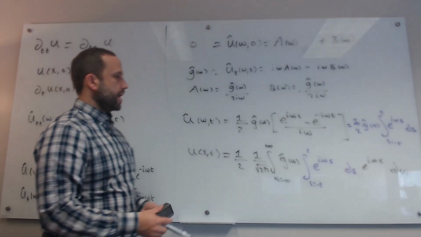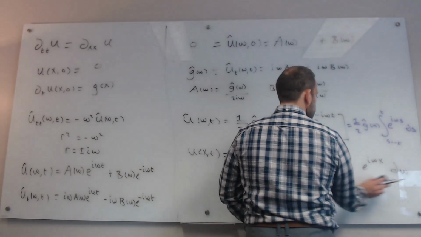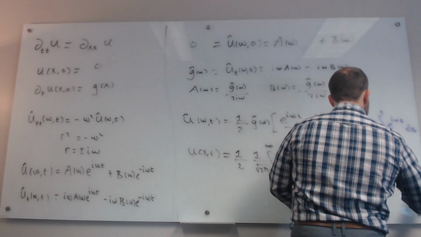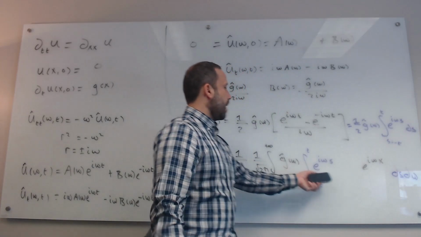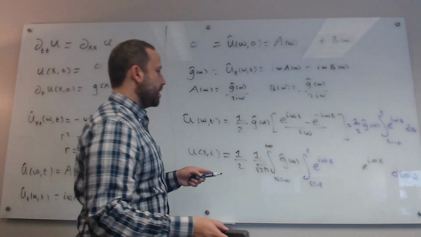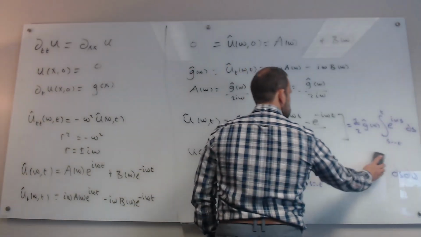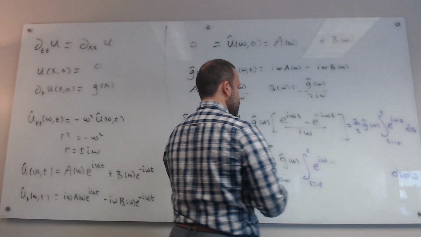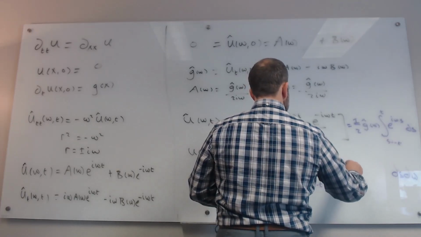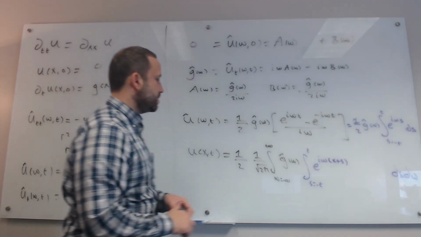Well, notice what I can do here. Even before worrying about changing the order of integration, I can write this as ds d omega, but now I can combine these two into one exponential. And so it's going to be e to the i omega times x plus s, ds d omega.